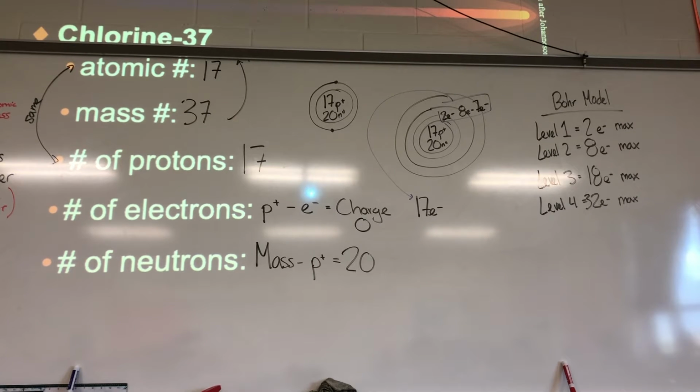So that's where you get your 18. For the 4th, these 2 are part of the 4th, these 6 are part of the 4th, these 10 are part of the 4th, and these 14 are also part of the 4th. So when you add all those up together, you get your 32. Does that kind of answer it for now?